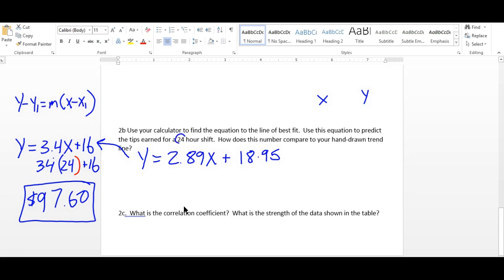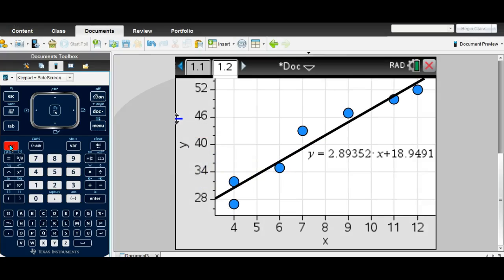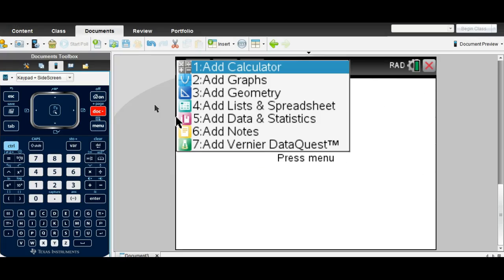To make this prediction for a 24-hour shift, I'm going to plug in 24 to my x. So 2.89 times 24 plus 18.95. Let's go back to our calculator. Add a new page. Control Doc adds a page.